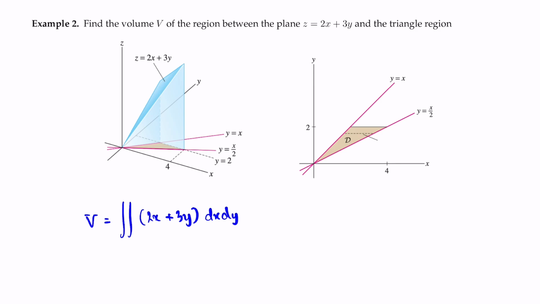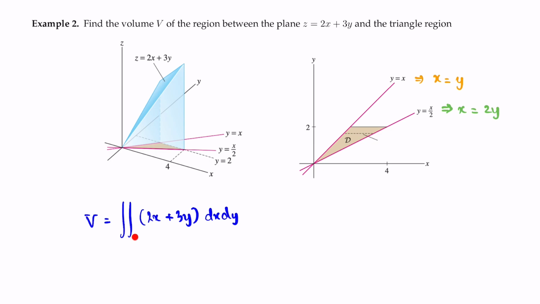Now, because you want to evaluate the inner integral with respect to x first, we're going to put in the horizontal line. One end is going to touch the function y equal to x, but everything has to be with respect to x. Therefore, you're going to solve for this function y equal to x, that is, x is equal to y. Similarly, from the function y equal to x over 2, we solve for x in terms of y, and that is x equal to 2y.